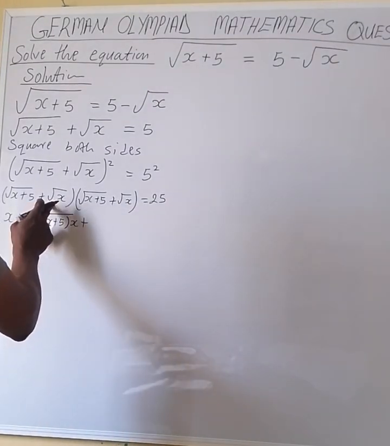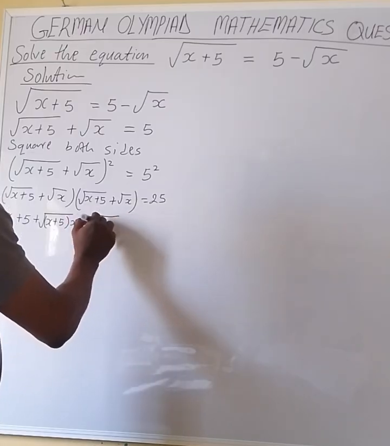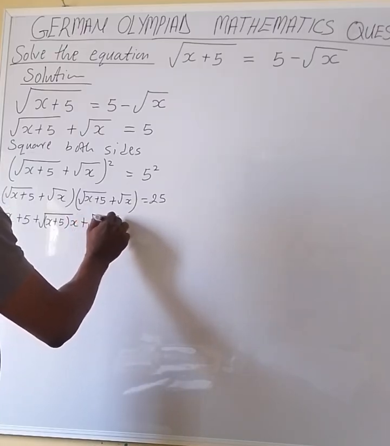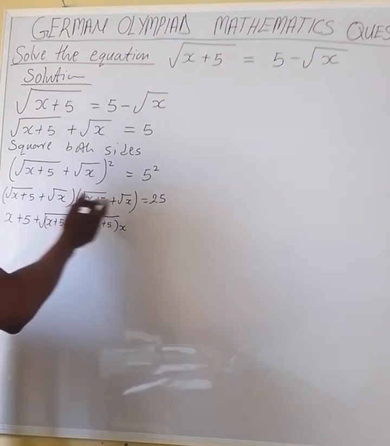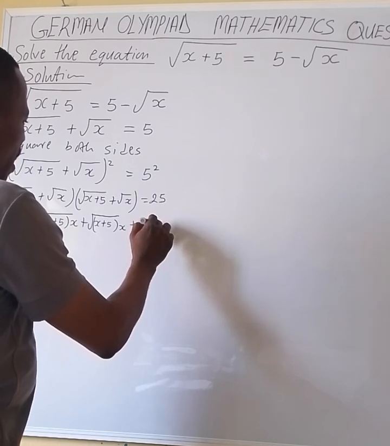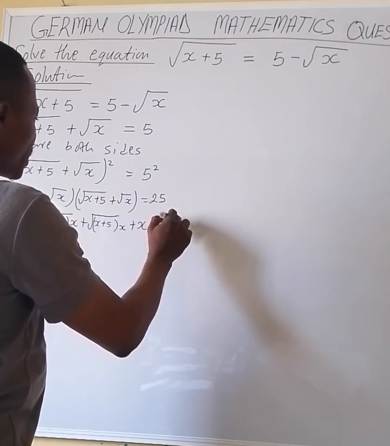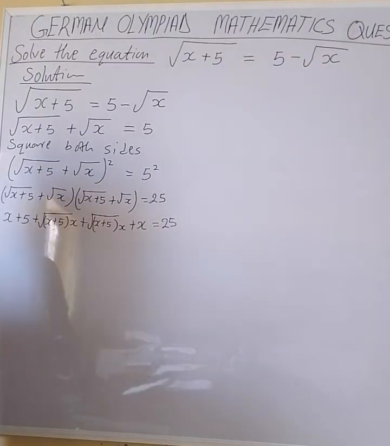Plus square root of x times square root of x plus 5 will also give us square root of x plus 5 into x. Then square root of x times square root of x gives us plus x. Everything equals 25.